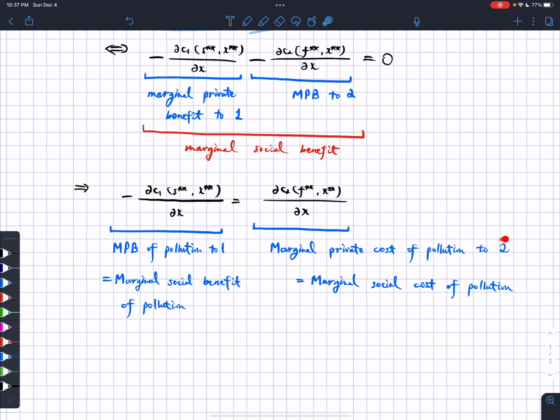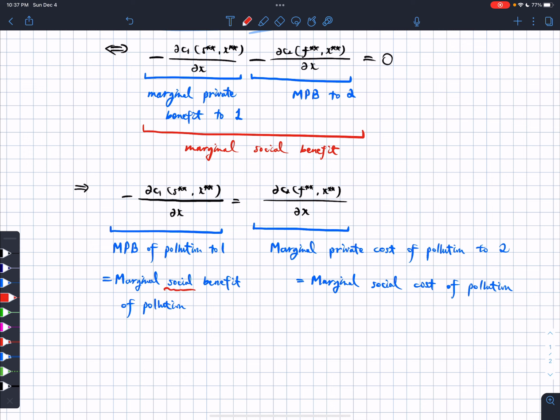Firm 1 does not incur any cost from pollution. In fact, firm 1 gets this benefit, right? And therefore, this marginal private benefit of pollution will be actually the marginal social benefit of pollution, because firm 2 does not get any benefit from the pollution, right?